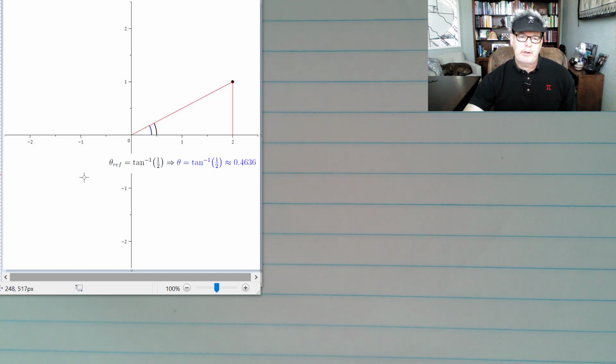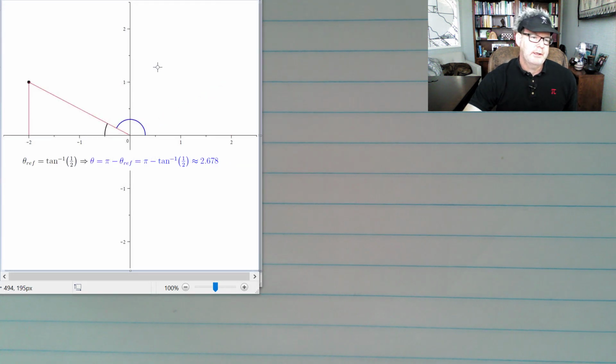But in the other three quadrants, we don't necessarily have the angle we want using arctangent. The way we're probably supposed to get it is using reference angles. In quadrant 1, the reference angle is equal to the actual angle.